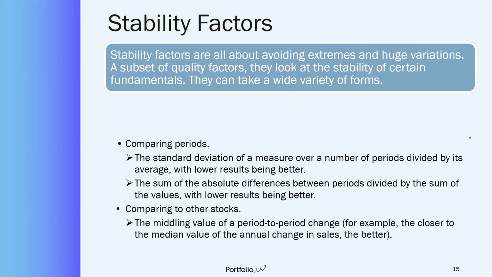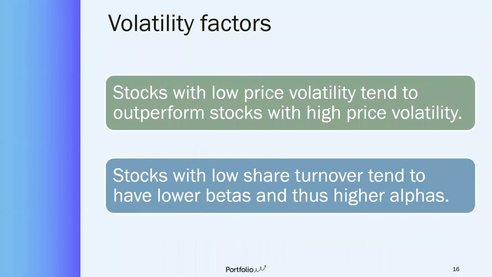And I do that in particular with assets. If I'm looking at a period-to-period change in assets, I want it to be pretty comparable to what other companies are doing, rather than having it be really extreme. So the stability factors are most useful to eliminate stocks rather than to choose stocks. So just keep that in mind.